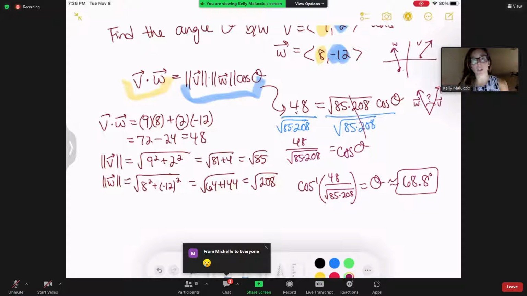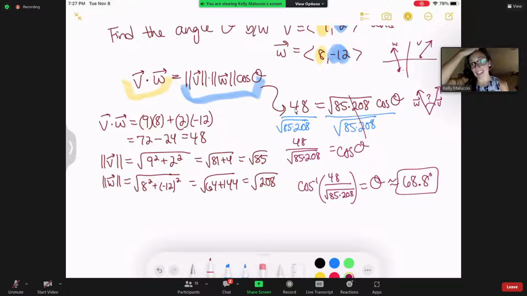Shortcuts and shortcuts and shortcuts. Yes, you should know why, but the why is the pre-calculus part, right? And the shortcuts make it seem a lot easier. So yeah, I don't know why those things aren't on the test, but they're not.